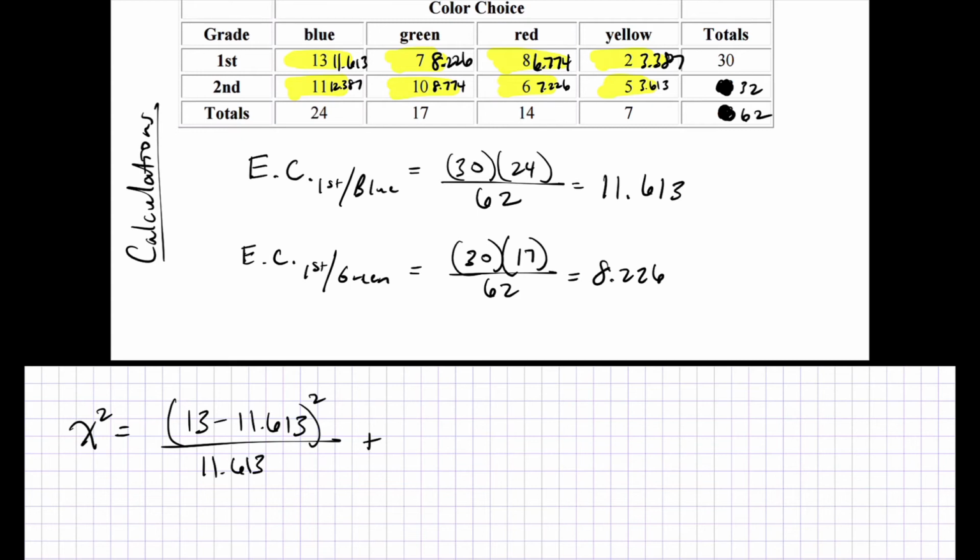The next one is green, first grade, observed minus expected, squared, over expected.